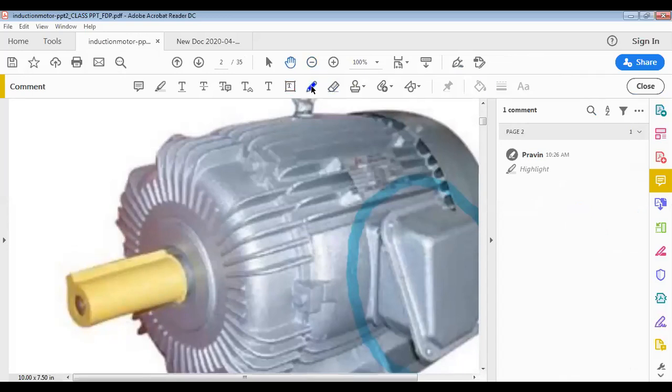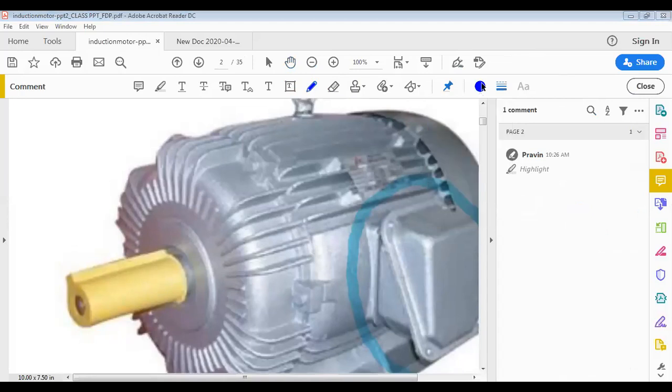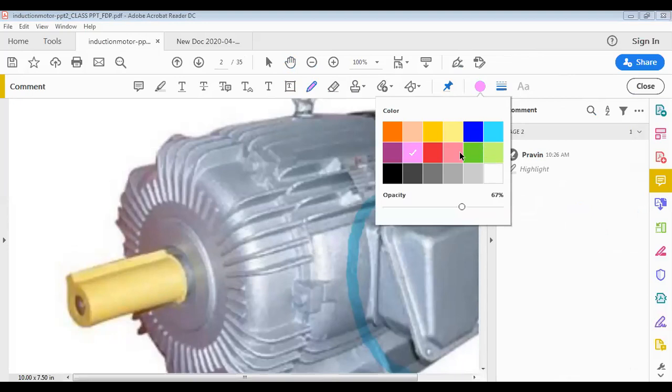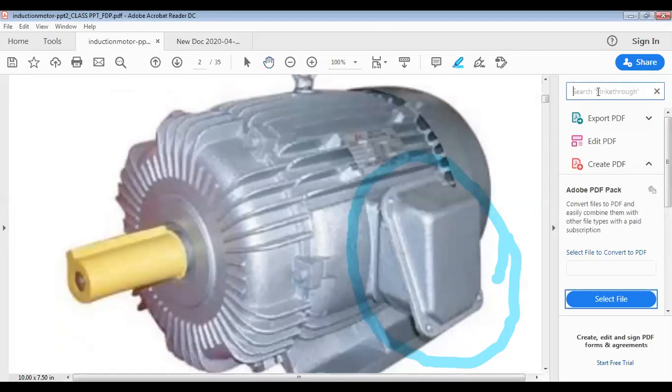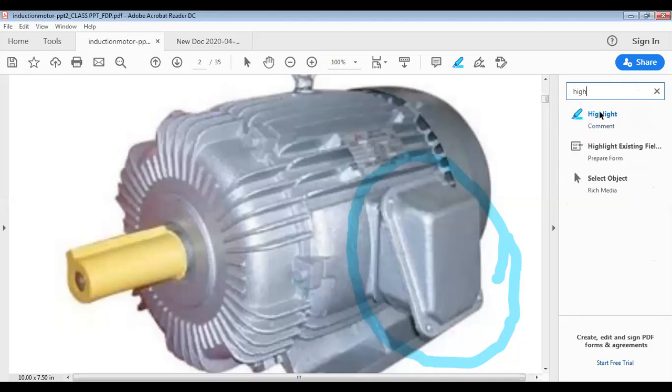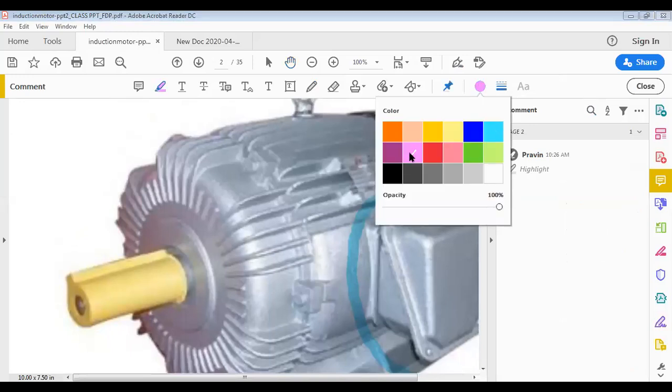Who can tell what it is? Yes, the highlighted one, terminal box. It's a terminal box. What is there in the terminal box? Who can tell what is there in the terminal box?